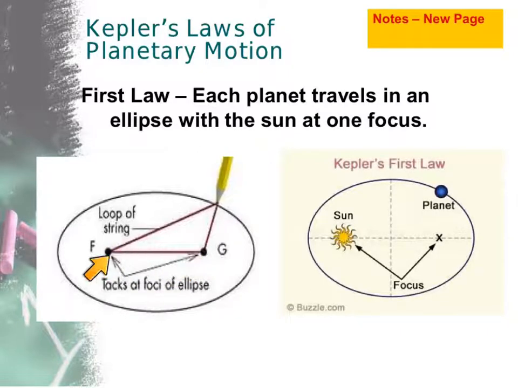So you have 2 push pins, and then you take a loop of string, just a continuous loop, and then you take a pencil and you stretch this string out as far as it'll go, and you do that all the way around, and the shape that you end up making is called an ellipse. These tacks that you put into the cardboard are called the foci, or each of them is called a focus. So the sun is at one of these points where you would put the tack in the cardboard.